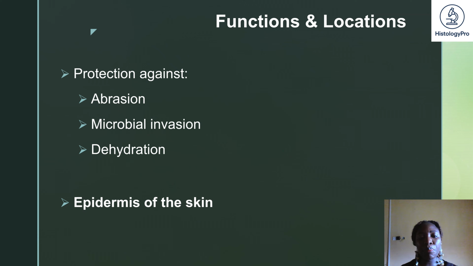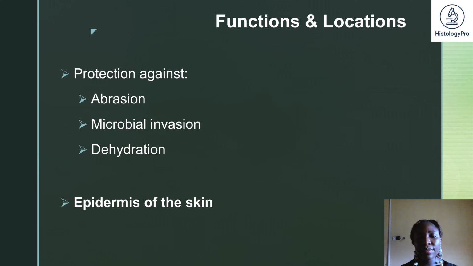The tightly packed cells, which are seen in the stratum granulosum, create a physical barrier that prevents pathogens from penetrating deeper tissues. Thirdly, it also prevents dehydration.